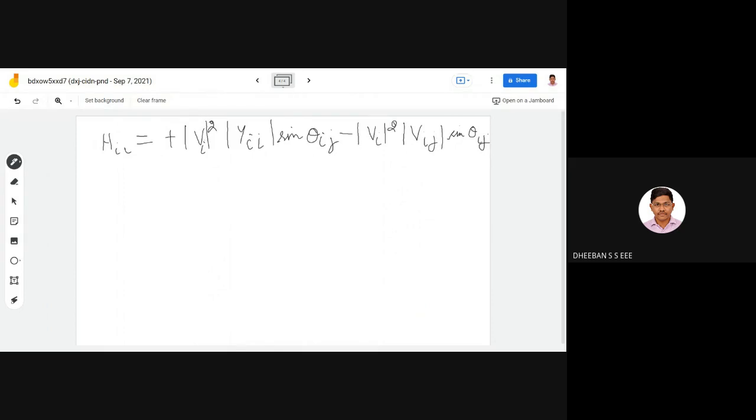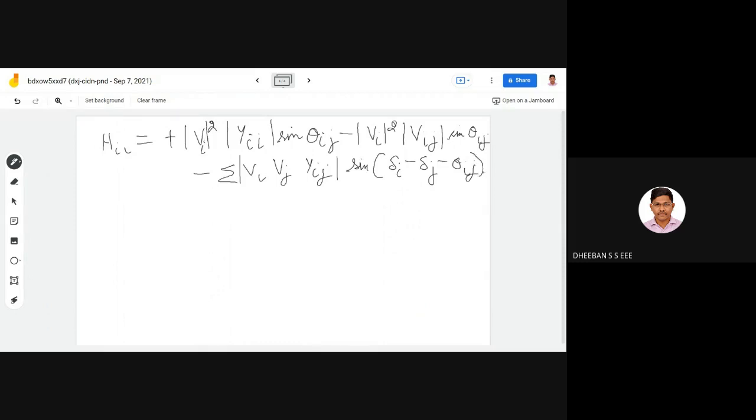So minus summation Vi into Vj into Yij, and over here it will be sine del I minus del j minus theta ij. So this is the thing you'll be getting.